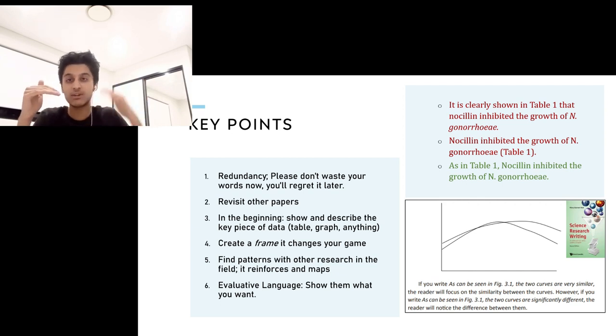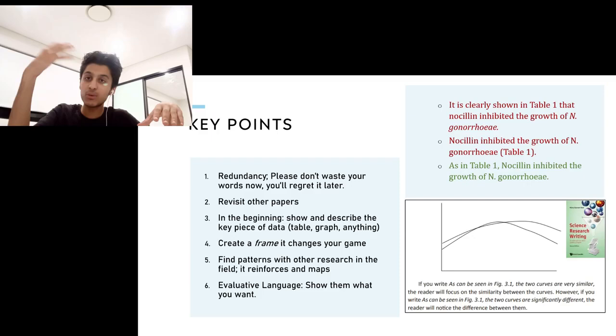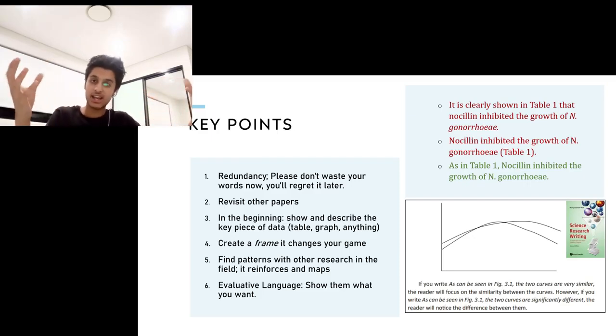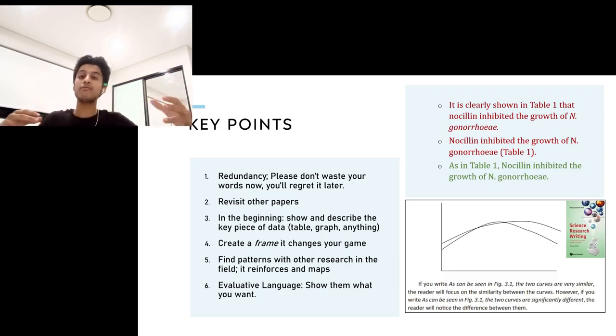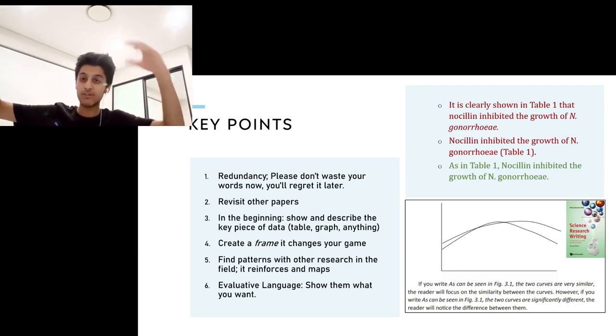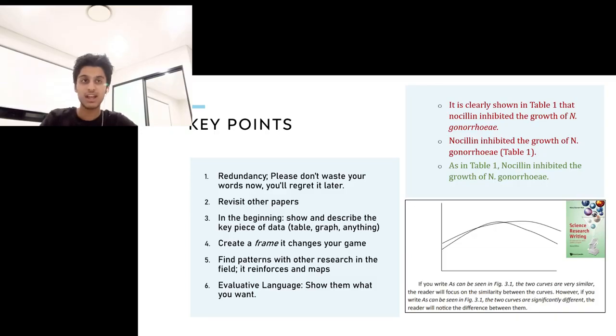So you have to present your information in a way that, along with your text and the way you position the frame and the text, you combine them to emphasize that, oh look, this is important, focus on this. So in the beginning you want to show that key piece of data.